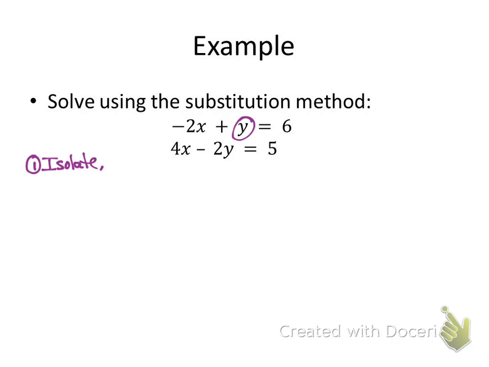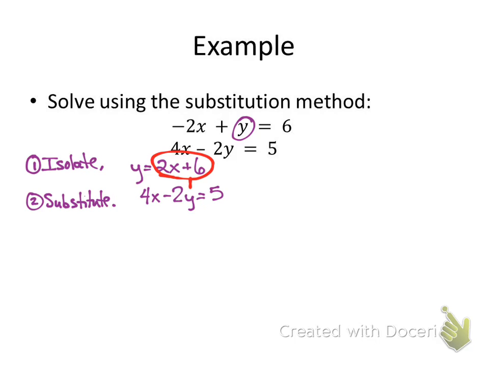So the easiest variable again, which is ironic, it's not always going to be the first y in the first equation. So to shorten up some steps, let's immediately solve for this y. What would that expression be? Second step, substitute. We're taking this 2x plus 6 and sticking it in where y is.